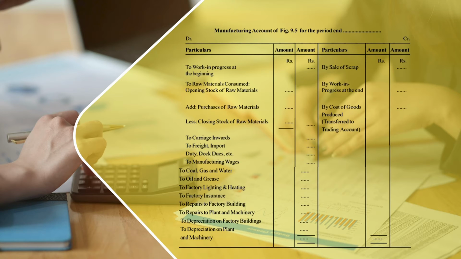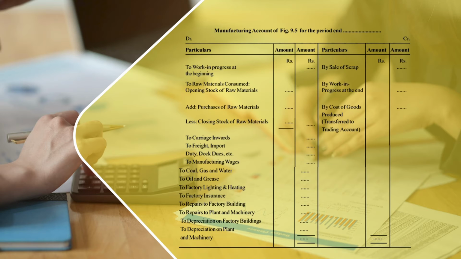Then coal, gas and water, oil and grease, factory lighting and heating, factory insurance, repairs to factory building, repairs to plant and machine, depreciation on factory building, depreciation on machine. Again these are direct expenses directly associated with the cost of the product, and all of them are shown on the debit side of the manufacturing account.